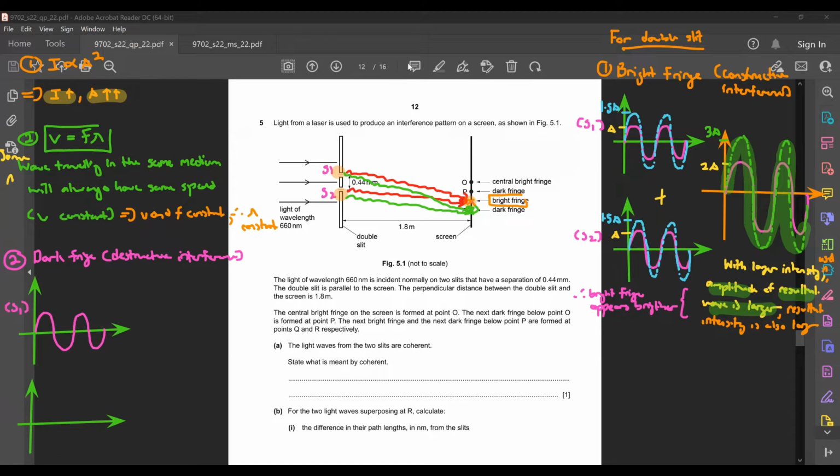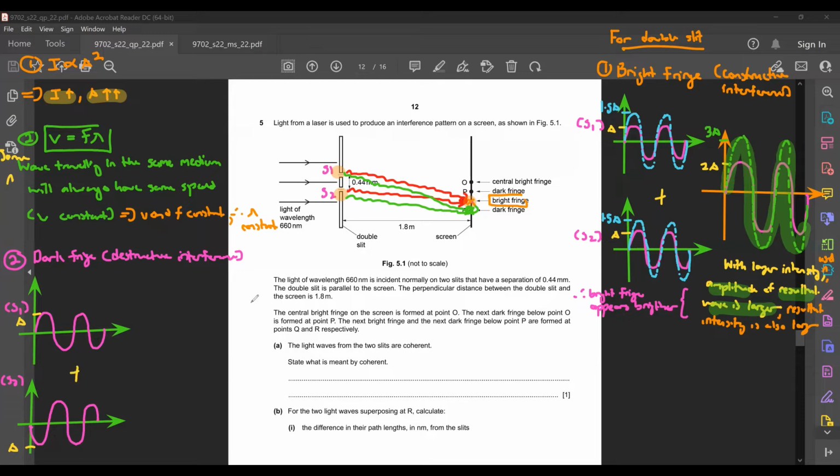This one again has an amplitude of A. And then the wave from S2 also has the same amplitude, but is 180 degrees out of phase, like this. So it's 180 degrees out of phase in a manner similar to this one. This one also has an amplitude of A.